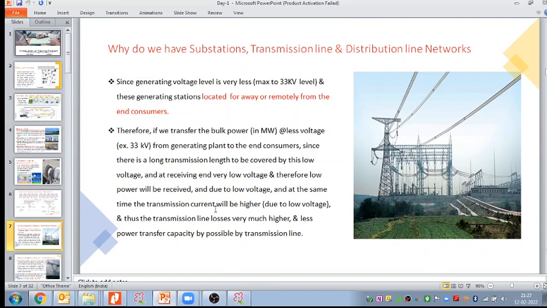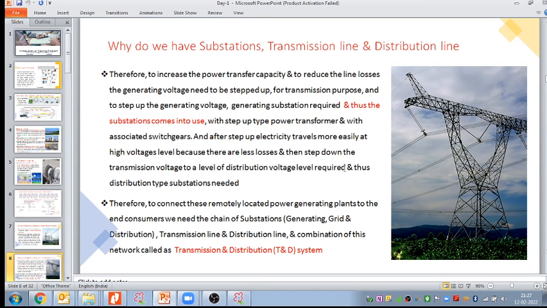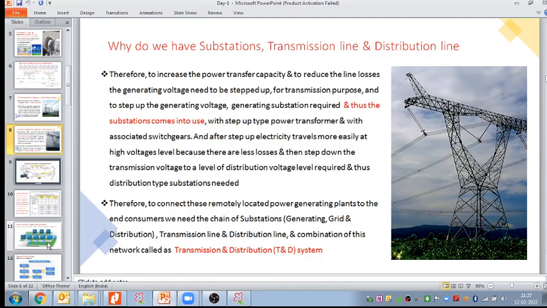What is the problem with the low voltage and high power? So here we discussed why substations, transmission and distribution are required and how they come into use, right?